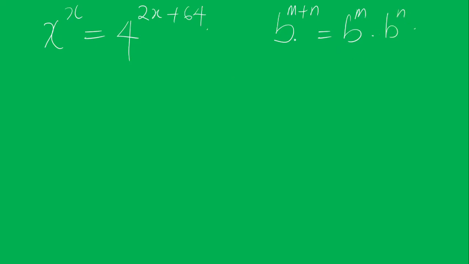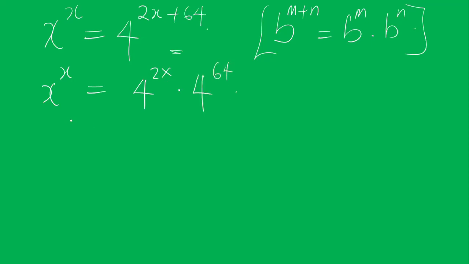So we're going to apply this rule at the right hand side. So now we have x to the power of x is equal to 4 to the power of 2x times 4 to the power of 64.